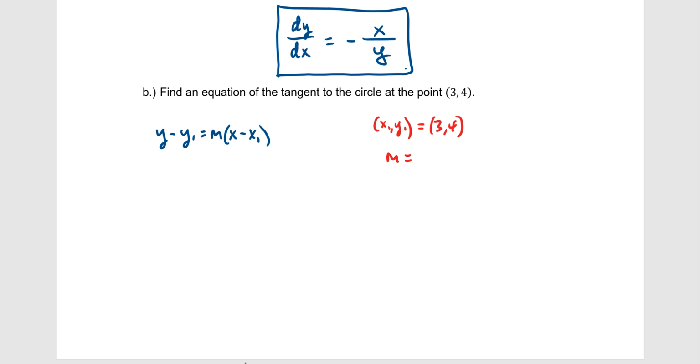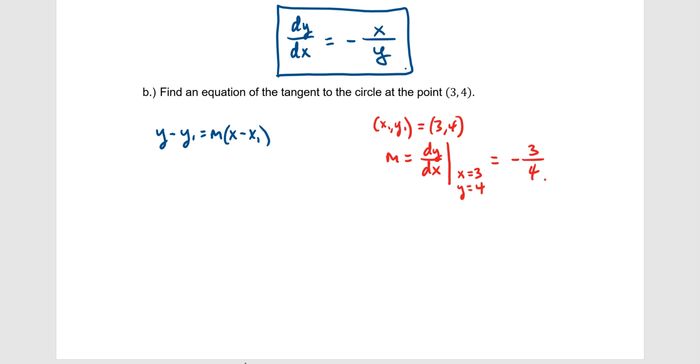And let's write this like this. It's going to equal the derivative evaluated at x equals 3 and y equals 4. Okay, so that's just some notation that I believe we've seen. So we have the derivative right above us. All we have to do is plug in 3 into x, 4 into y, and we get negative 3/4.